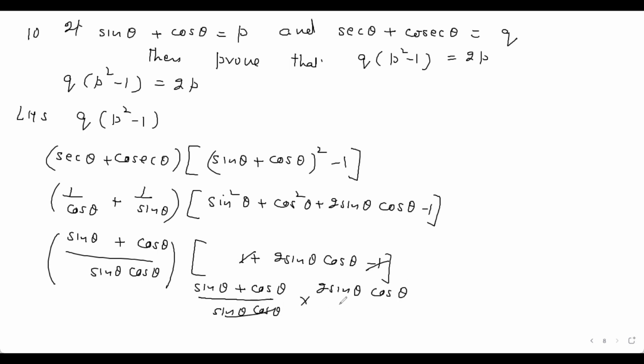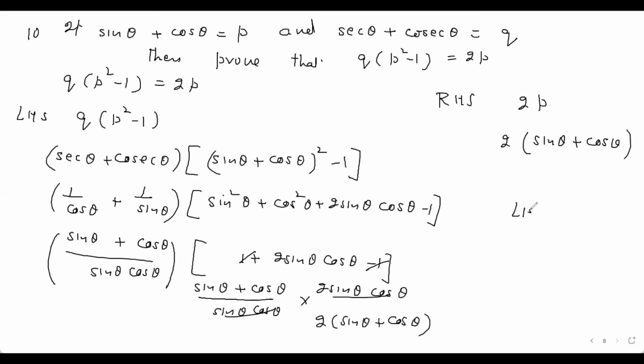Now this and this cancel. I am left with 2 times sine theta plus cos theta. Now let me start with the right hand side. Right hand side is 2P. What's the value of P? Sine theta plus cos theta. So you see, left hand side is equal to right hand side.